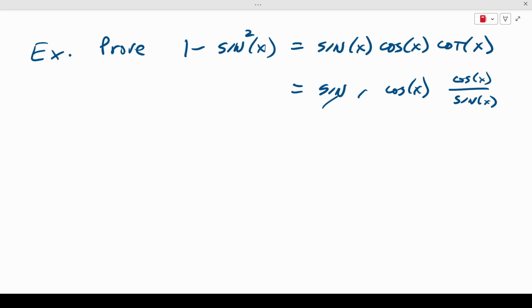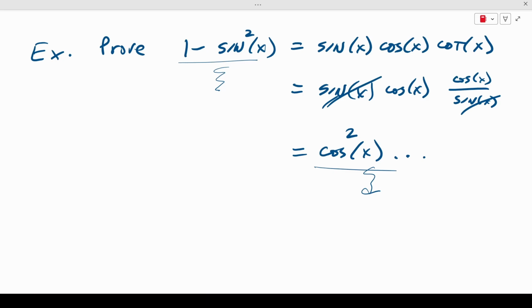And I see that these cancel there. So I have cosine of x squared. And then I'm kind of stumped. I can't figure out what to do, let's suppose. So then I'm like, okay, well, now let me go over to the left-hand side and work on this side and see if I can somehow do something here that matches what I have on the right. This is what I'm doing in my scrap work.